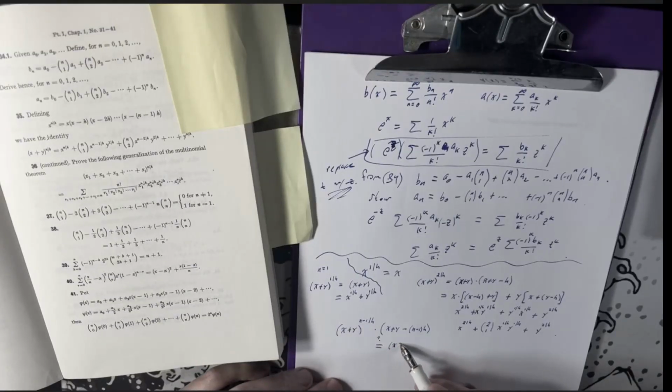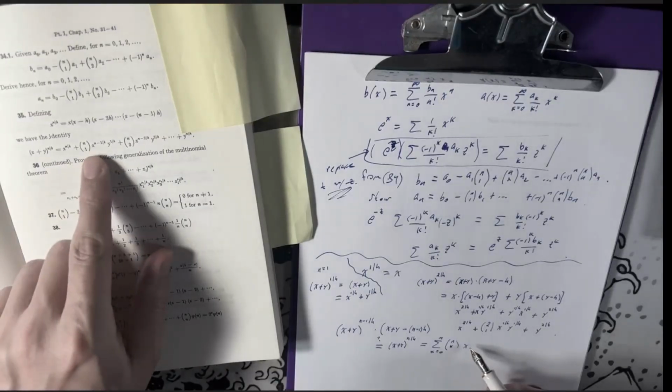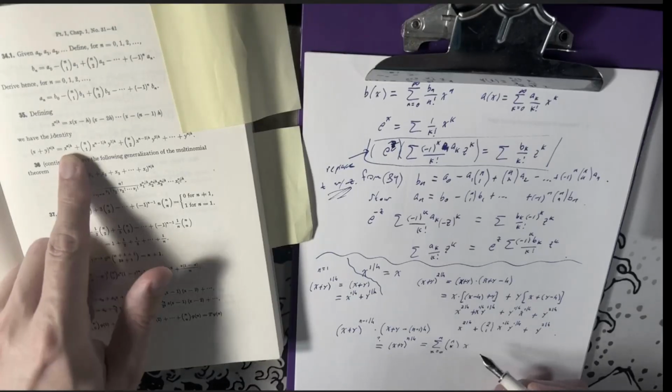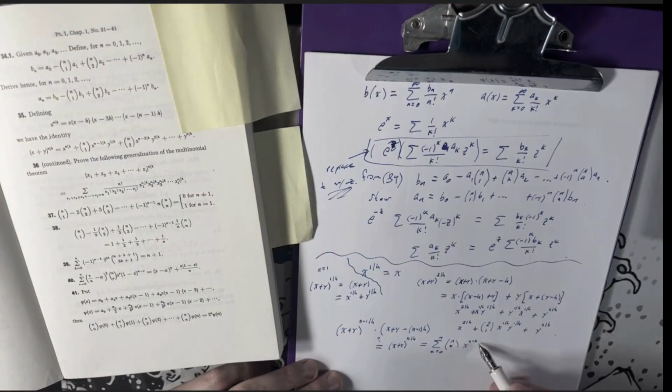Okay? The sum over n choose k as k goes from 0 to n of x to the, I suppose you could go either direction, let's do n minus k given h times y to the k given h, right?